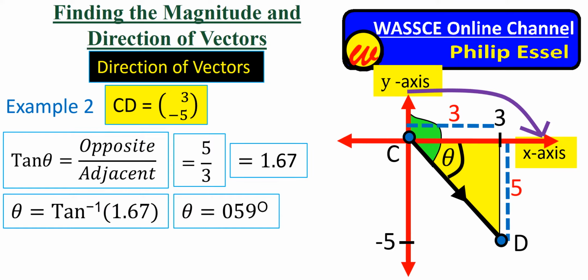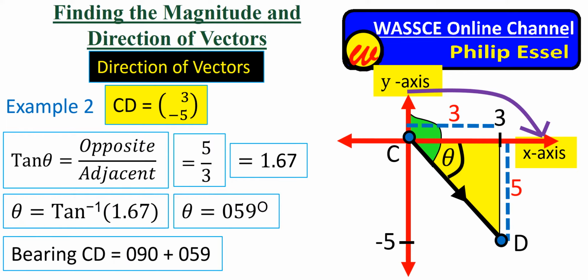the bearing of the vector CD. 59 degrees is simply the angle between the vector CD and the x-axis. To be able to find the bearing of CD, we simply have to add 90 degrees, which is the angle between the y-axis and the x-axis, to the angle theta, which is 59 degrees.